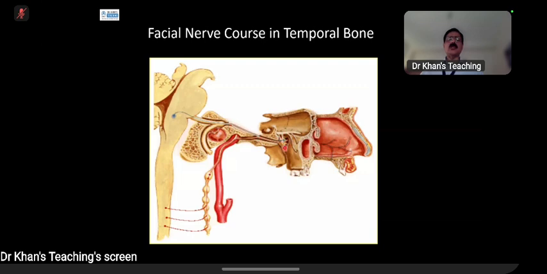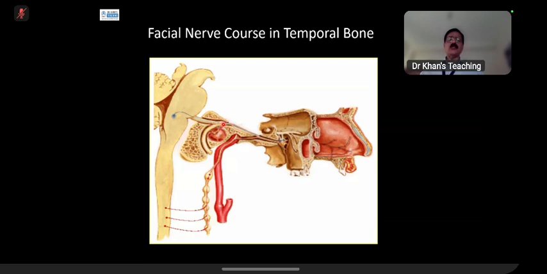It makes a plexus here, the pterygopalatine plexus, with other branches of the fifth nerve. And this is responsible for lacrimation, lacrimal gland, and parasympathetic supply of the sublingual and submandibular glands. Now, coming back, we are not worried about that, but this concept should be known to you.